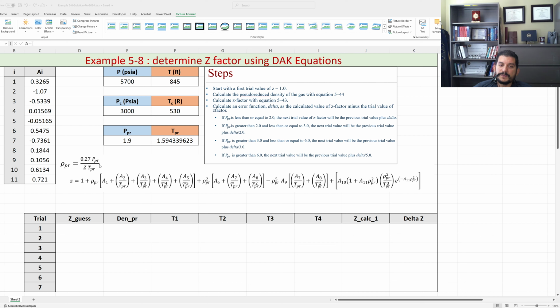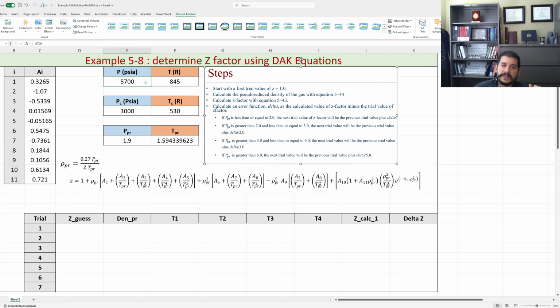The first one we assume in the pseudo-reduced density, then we use it here in the z equation. Our correct answer will be the one where the calculated z matches the estimated z. So we have to follow these steps to update our estimate.